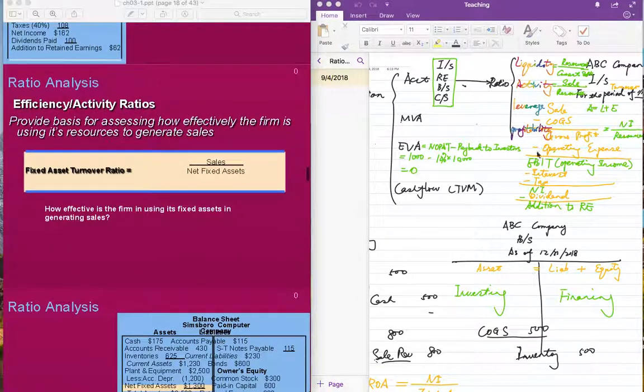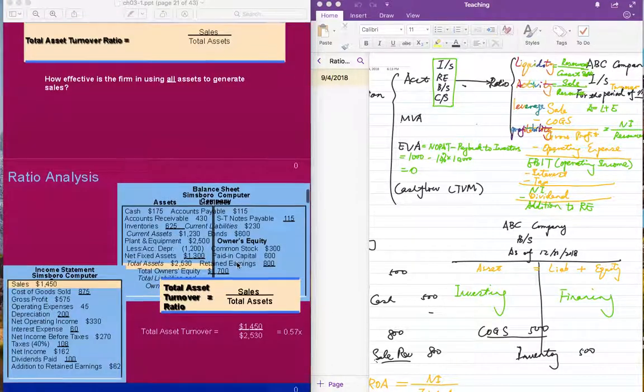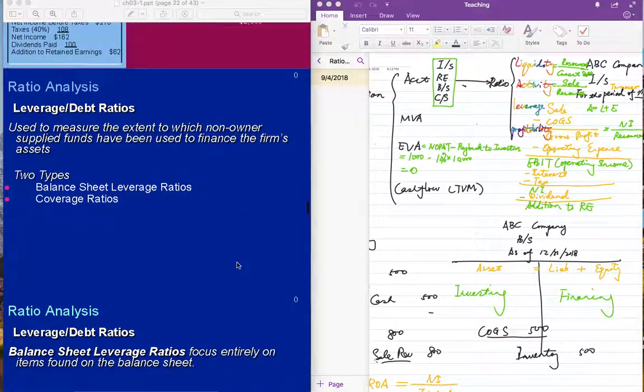Now move on to the next one, the leverage ratio. Leverage ratio measures the firm's capital structure. So basically it measures the extent to which this firm's assets are financed by debt. Always remember, we have a forever true accounting equation.